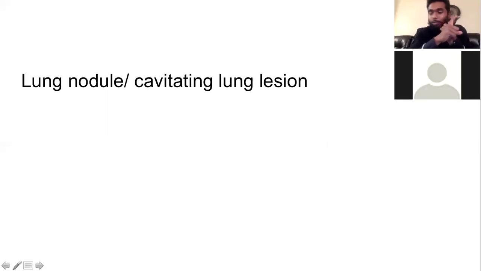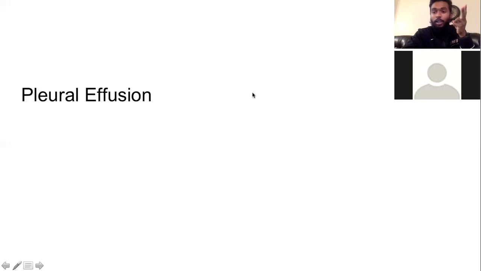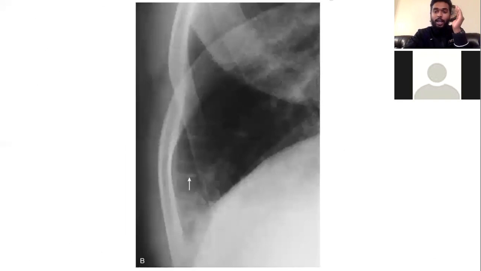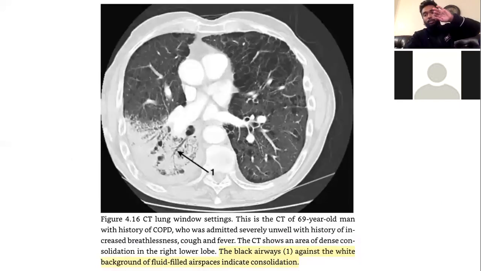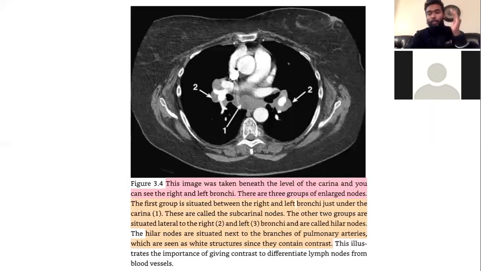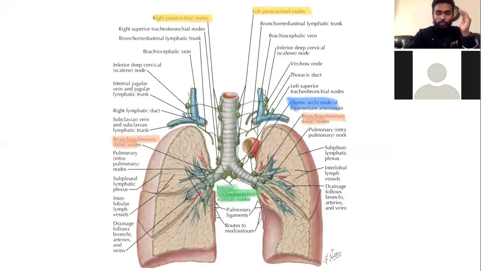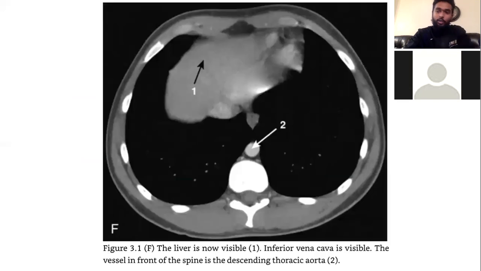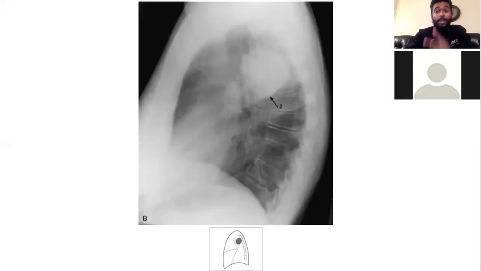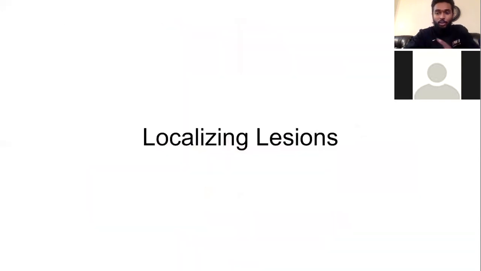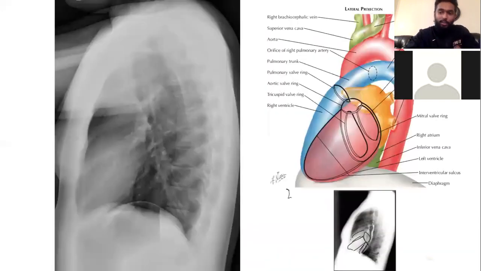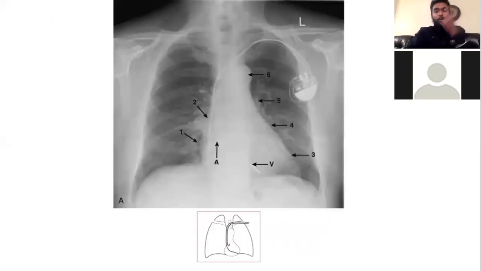Know the fissures. That's going to help you localize lesions. Everything I said about the borders of the heart: on a PA, you can only see the right atrium on this side, and then the left ventricle and left atrium there. On the lateral, the anterior border is made of the right ventricle, and the posterior border is made of the left ventricle and left atrium. Know those key slices of CT that I showed you, know where the lymph nodes are, and know consolidation, pulmonary edema, and fibrosis.